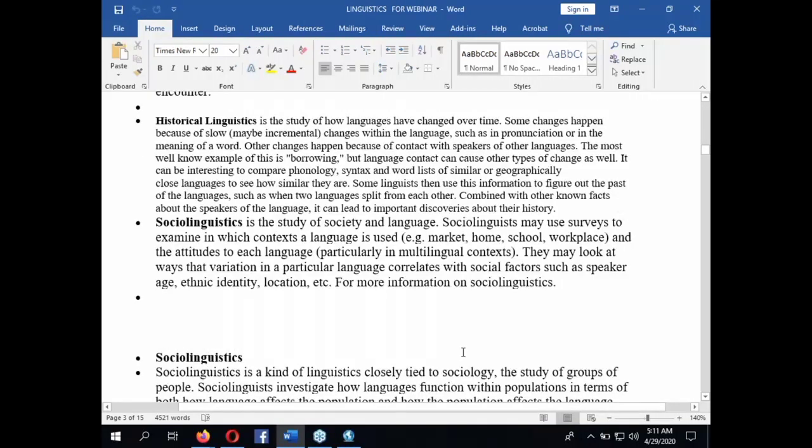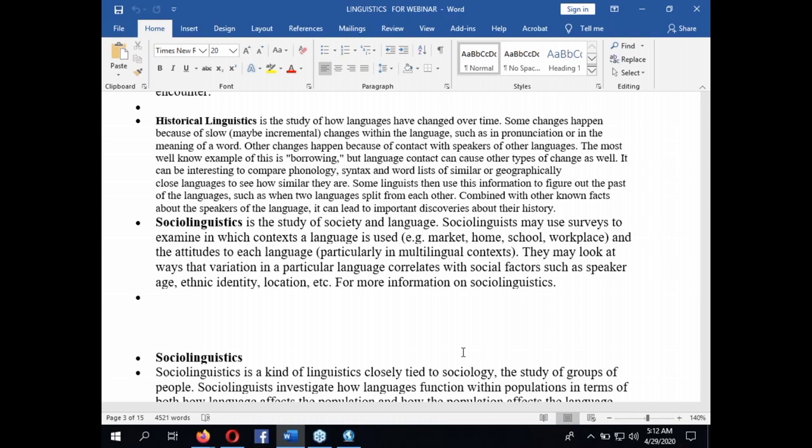Language evolves. We said that language is dynamic, and that means it goes through changes from time to time. So historical linguistics looks at these changes and how they affect society.